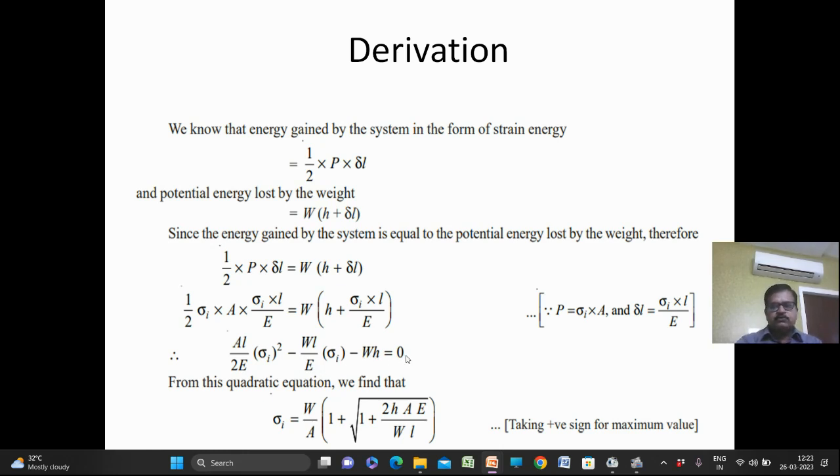The roots of the quadratic equation give the plus or minus, but we are more interested in the positive amount of stress that is produced.